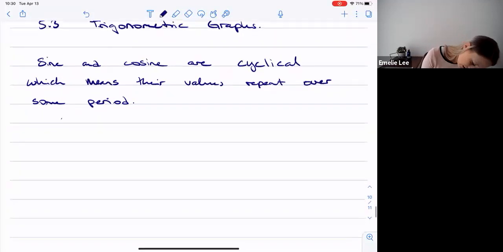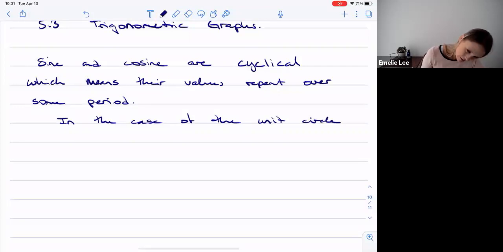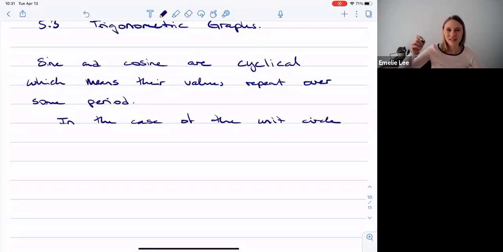So the period is 2 pi. You have to go the distance of, so the x and the y values keep changing until you're back at the standard position, which is on the positive x-axis.